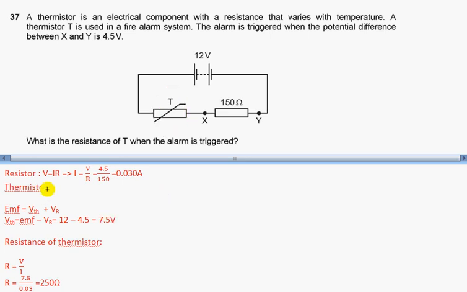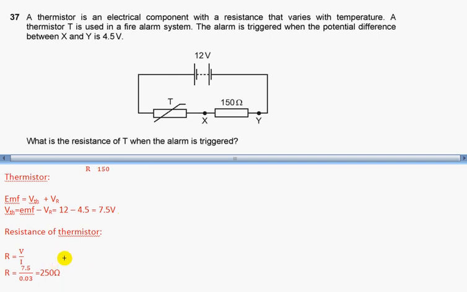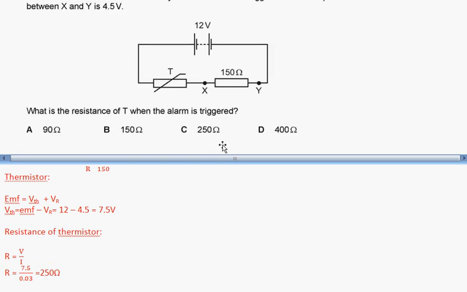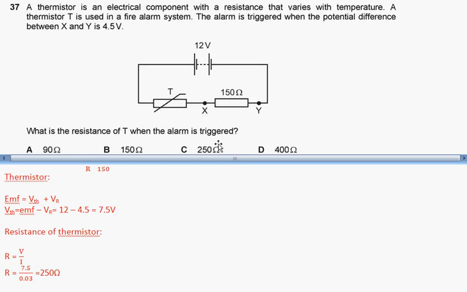So first, for the resistor we find the current, then for the thermistor we find the resistance. 4.5 falls here, so here we directly find the current by dividing 4.5 volts by resistance. Then voltage here is 12 minus 4.5, and current we know, voltage we know, we divide voltage by current, we get resistance.